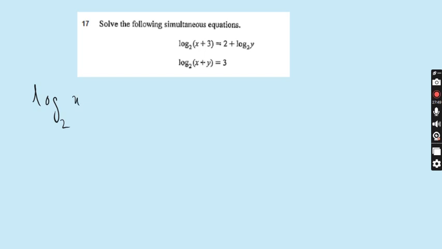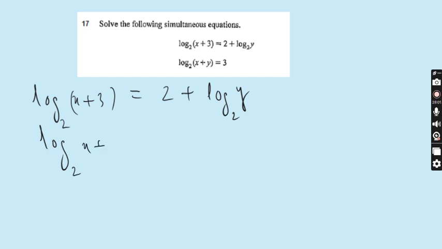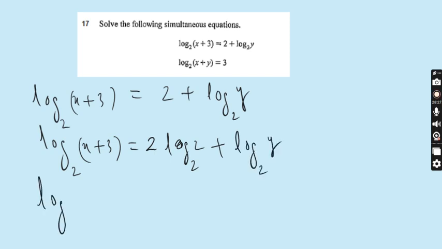Log base 2 of (x plus 3) is equal to 2 log base 2 of 2y. Write log base 2 of (x plus 3) is equal to 2 log base 2 of 2, because log base 2 of 2 is 1, so 2 ones are 2, plus log base 2 of y.